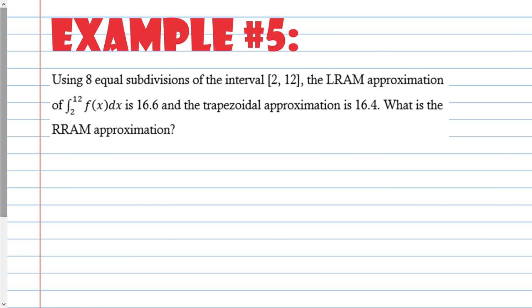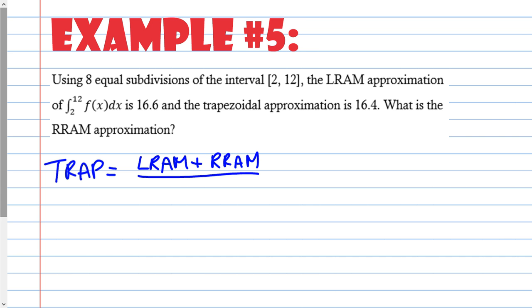So at this point, it would be important to point out that whenever you do a trapezoidal approximation, it is equal to the average of LRAM and RRAM. So if I take LRAM and I add it to RRAM and divide by 2, because that's how many numbers I'm adding, this is the average.